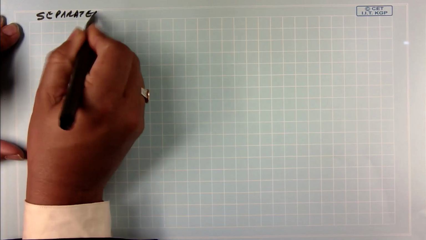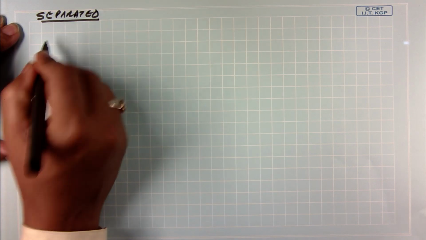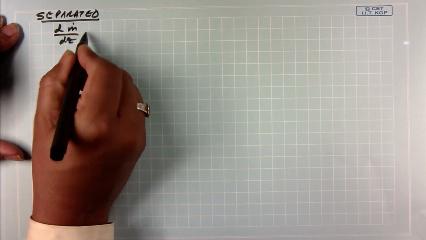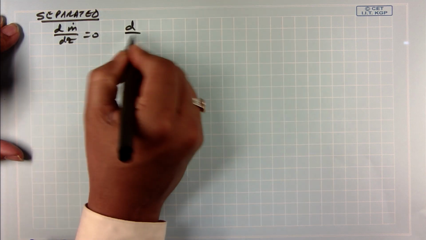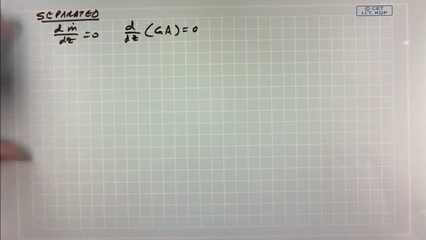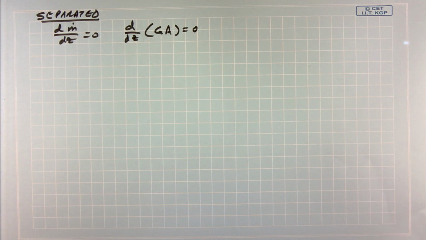Now, in a separated flow model, your dm dot/dz is assumed to be equal to 0, or your d/dz of G A is equal to 0, and then it is a very complicated set of derivatives that you have to take, and then you have to solve for it.